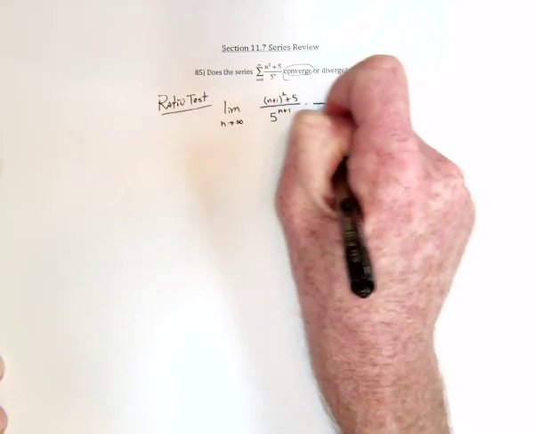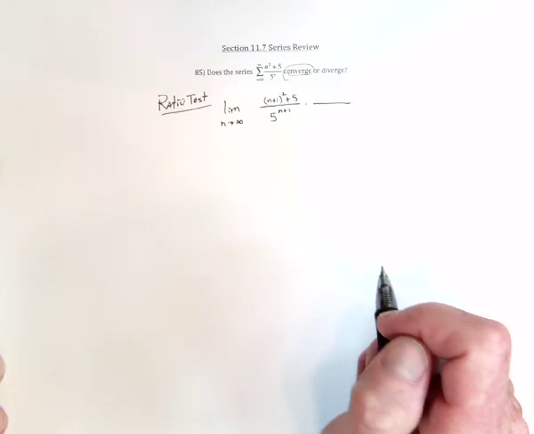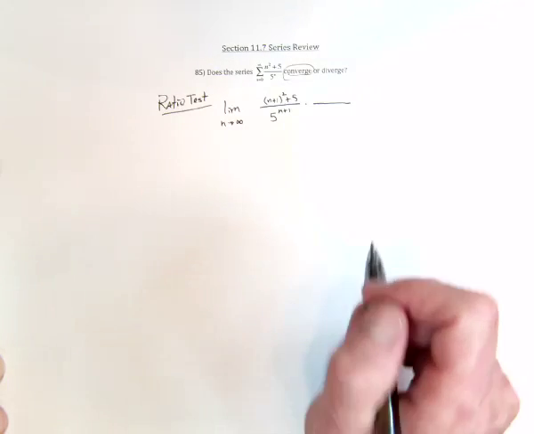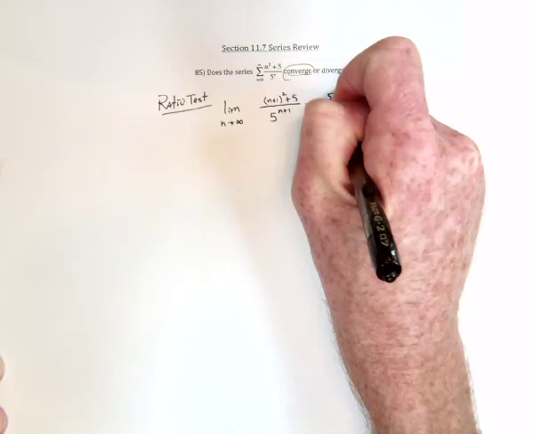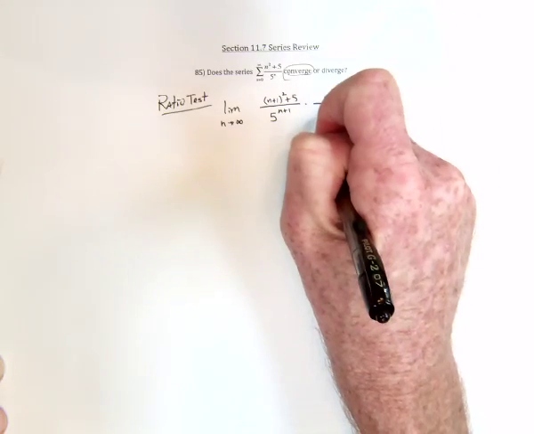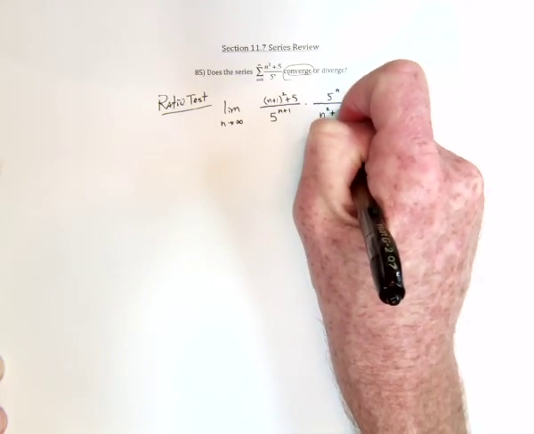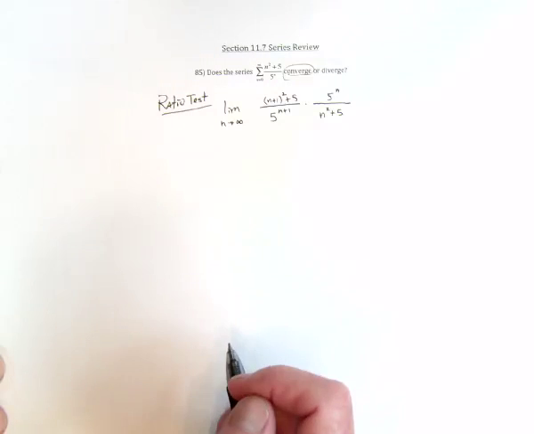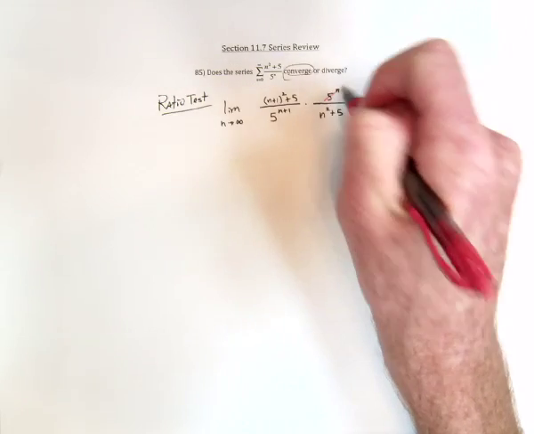Then divide by when you substitute an n. Well, if you divide by a fraction, that means invert and multiply, so that's going to be 5 to the n for the top, and then n squared plus 5 for the bottom. And then here's what I was promising: this is going to cancel this, leaving just a 5.